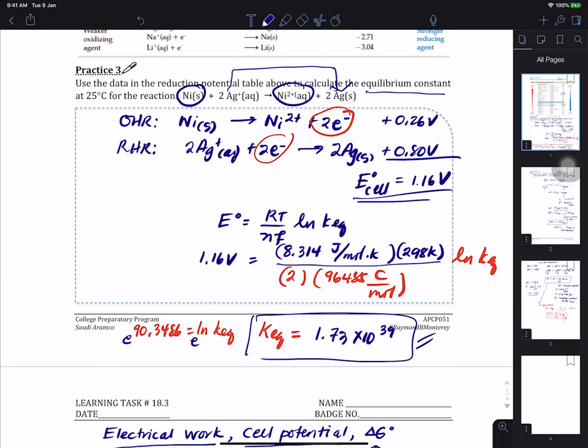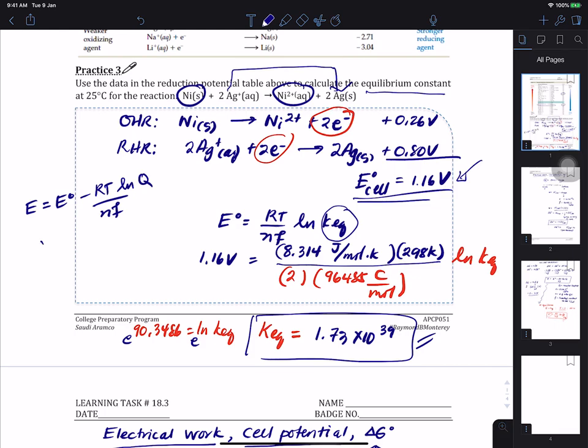So again, what did we do? If we can calculate the cell potential under standard conditions, we have direct access to the equilibrium constant using the Nernst equation. Remember, the Nernst equation says E is equal to E naught minus RT ln of Q over NF.